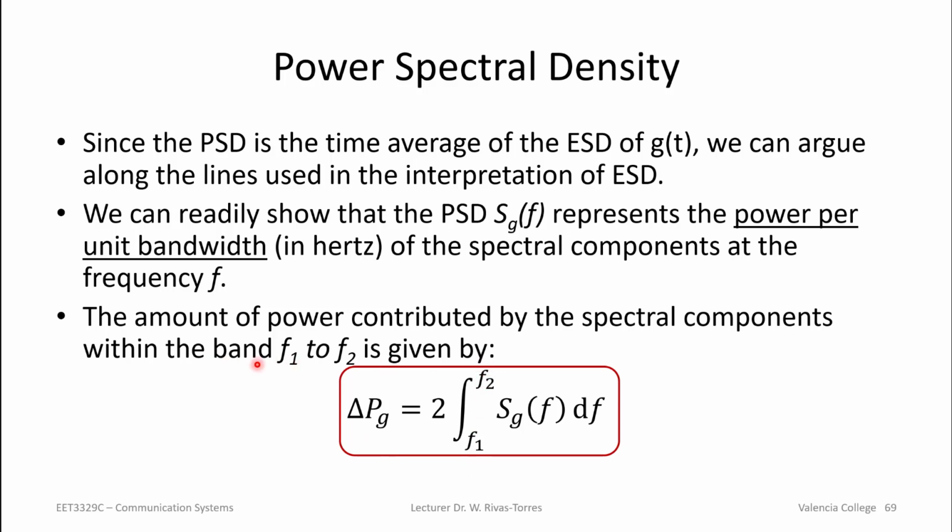From F1 to F2, if I integrate that and multiply it by 2, I know how much power is contained in that bandwidth. Really, this is one of the biggest uses of power spectral density.